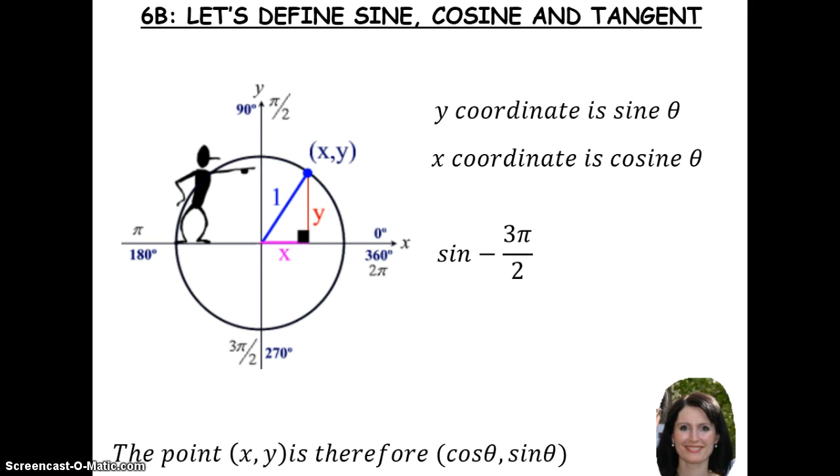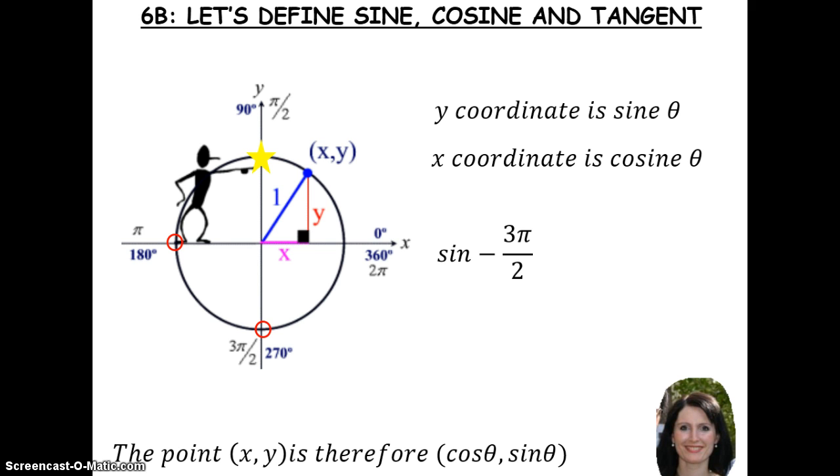How about sine -3 pi on 2? What we need to do with this is go -3 pi on 2 distance around the circle. So we start at 2 pi and we go over to here, which would usually be 3 pi on 2, but we're going in the negative direction, so that's pi over 2 units. We then go to here, which is pi distance away from 2 pi. And then we go up to here, where the star is.